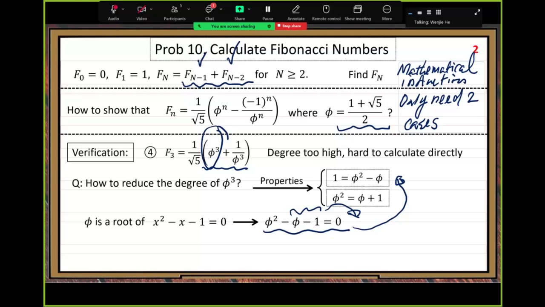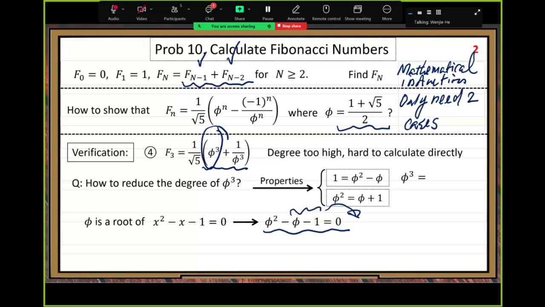Let me show you. First one, phi cubed. We bring down the degree of the phi cubed expression, so we find another expression using the golden ratio, but with degree lower than 3.